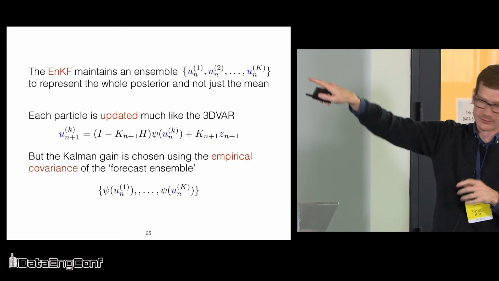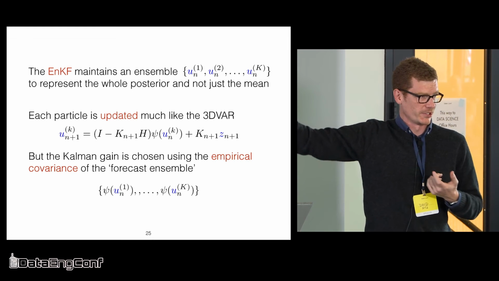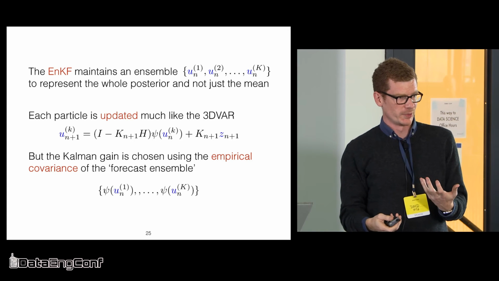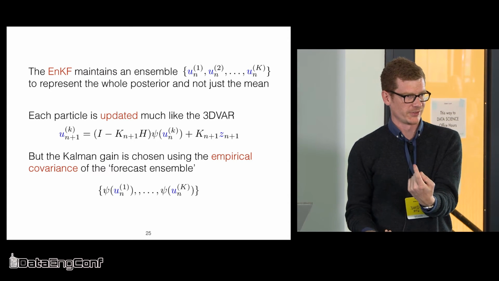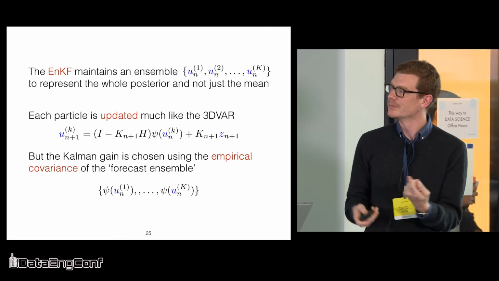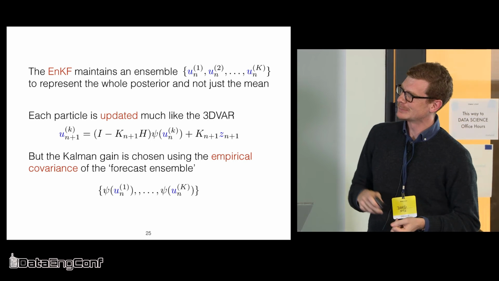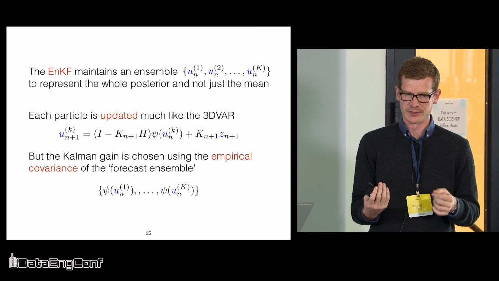You find a convex combination for each single one of your particles. You take your previous particle, you apply your nonlinear dynamics to it to see where you predict that particle would go just based on your model. You combine it with data, and you want to find some sort of optimal combination of these two things.